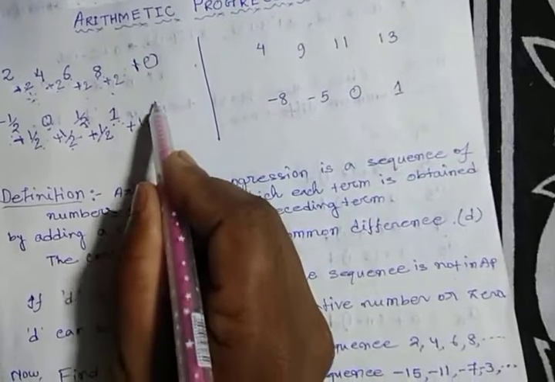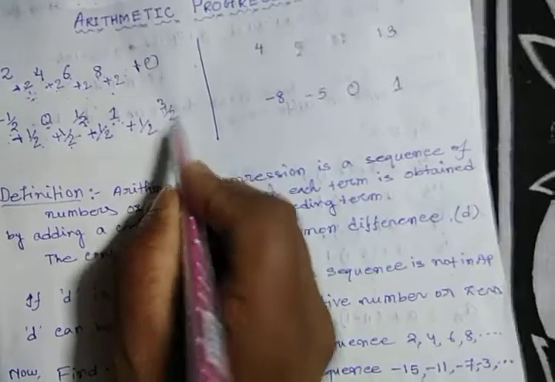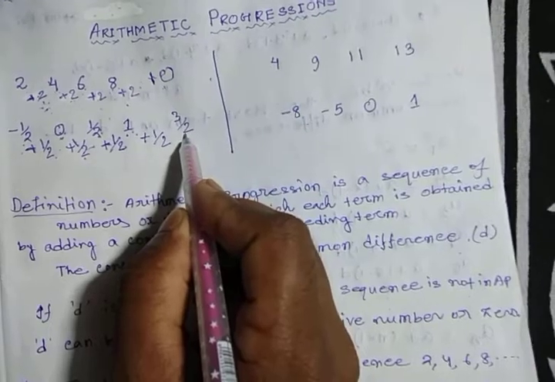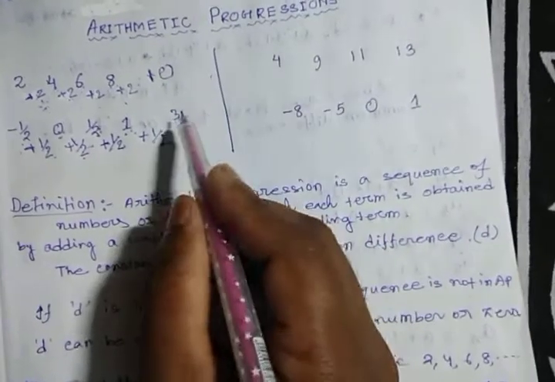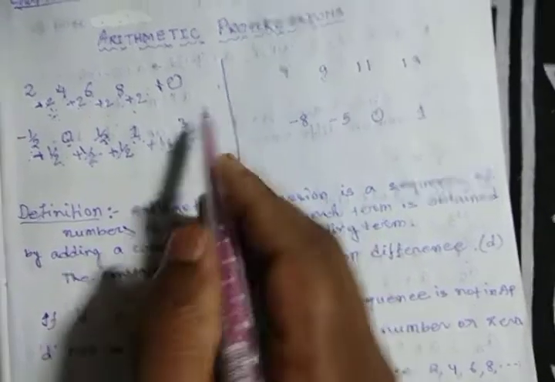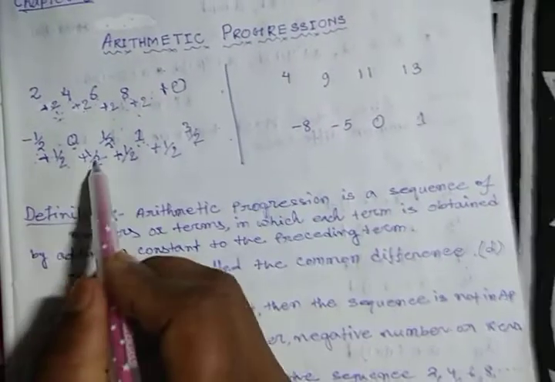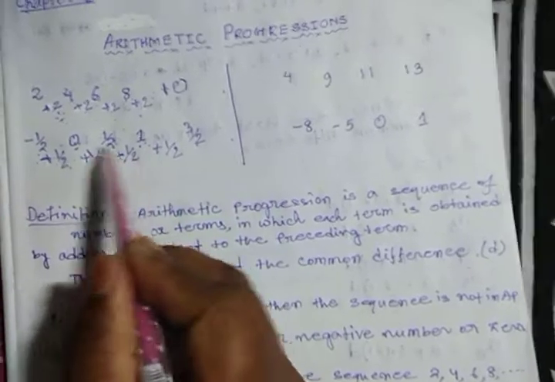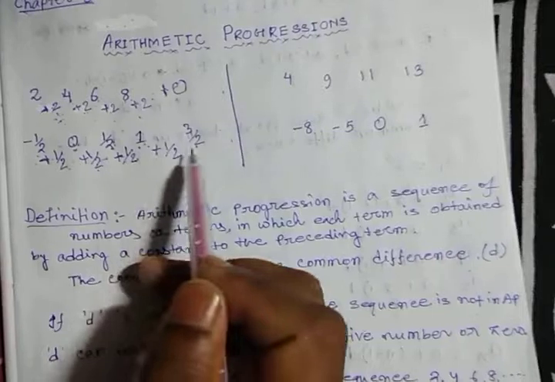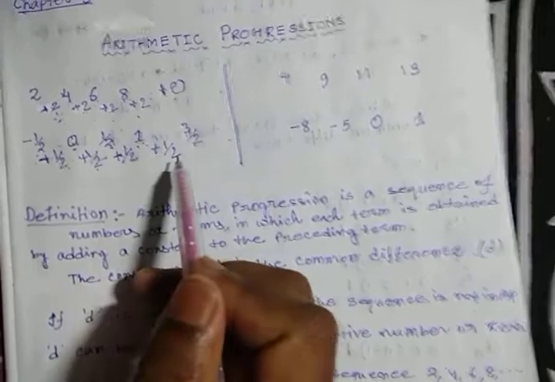If we add this, then it will become 3 by 2. So 3 by 2 is the fifth term. In the same way, if we again add half to 3 by 2, then you can find the sixth term. So this half is the common difference. This half here is a constant. There is no change. So this difference is known as the common difference.